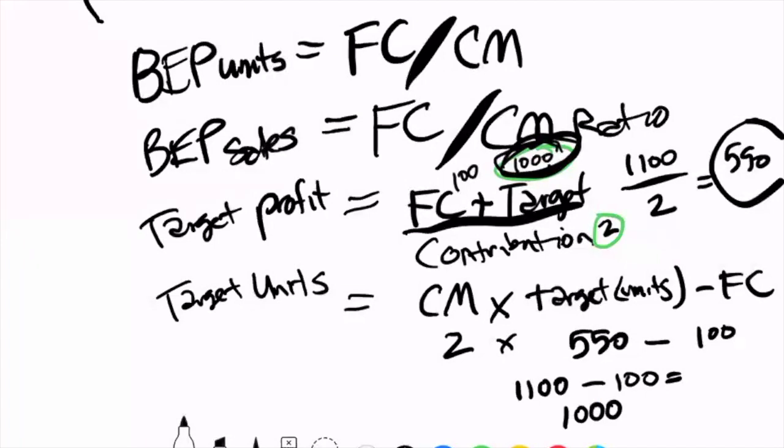That a target units of 550 will get us $1,000 in profit.